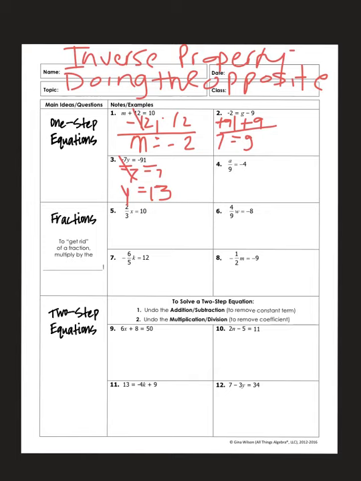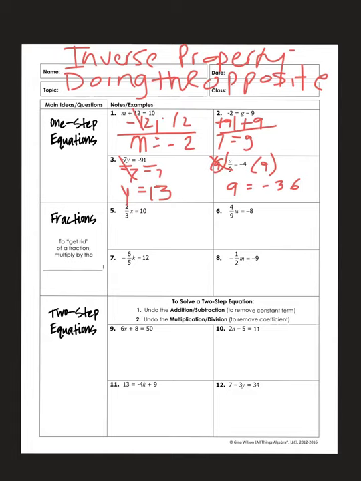Number 4, a is being divided by 9. So in order to get rid of it, we have to multiply both sides by 9. That cancels out. And on the right side, -4 times 9 is -36.